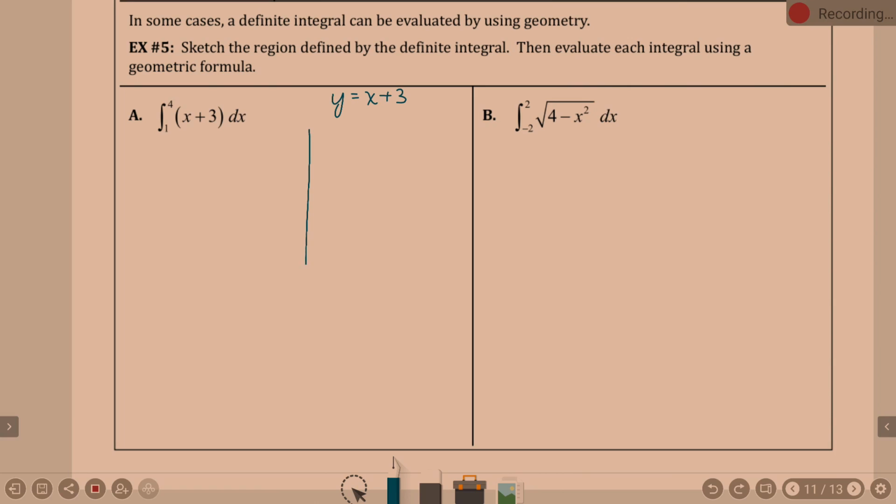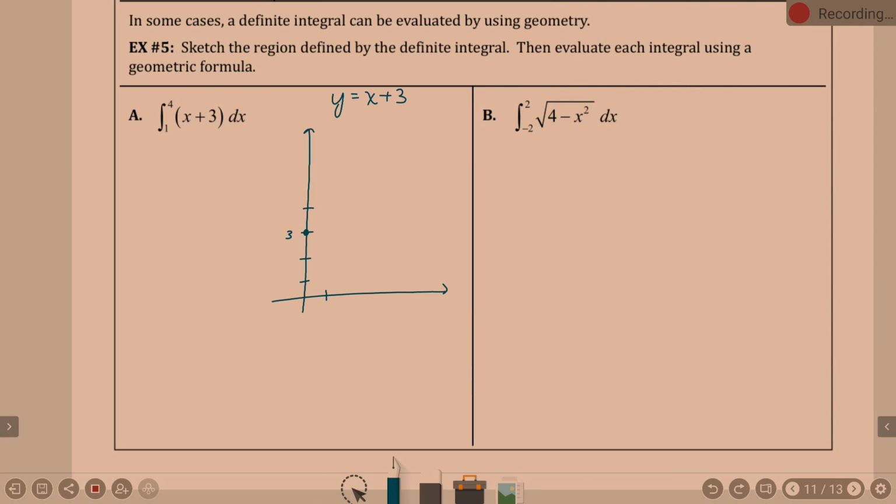Okay, so here's my graph. So let's see. We know at 3 there's going to be a y-intercept. And then what? A slope of 1.